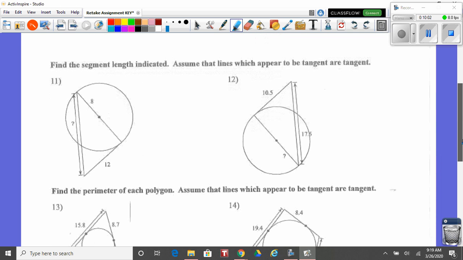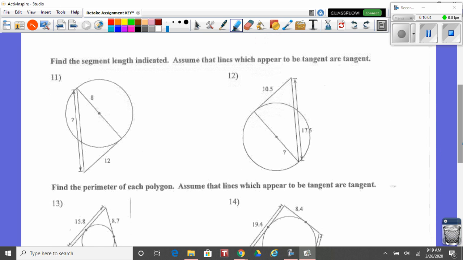For number 11 and 12, they're both set up the same way. We need to figure out what the entire length is, which if you take a look there, that's going to be the hypotenuse. We know that that angle right here is a 90-degree angle because that circle is cut in half right there.